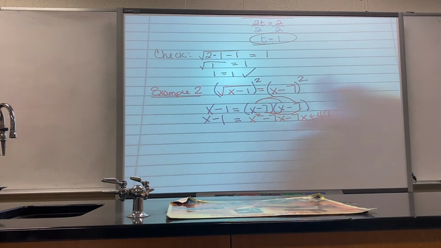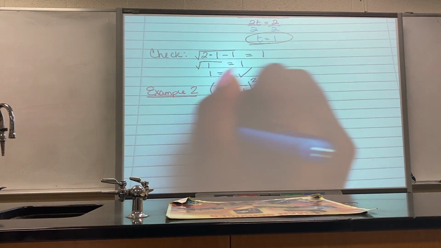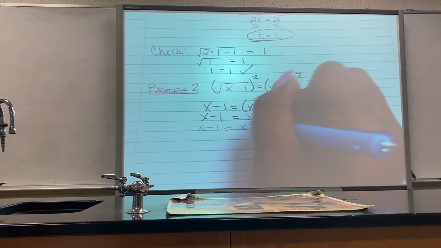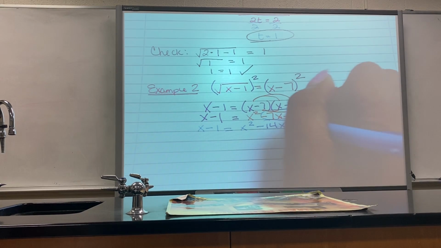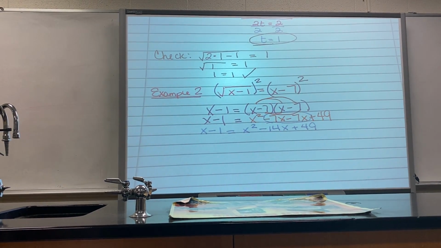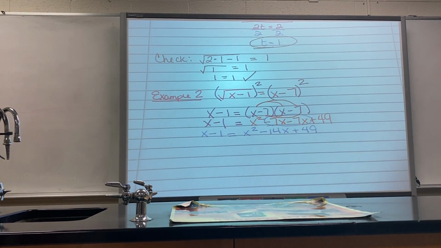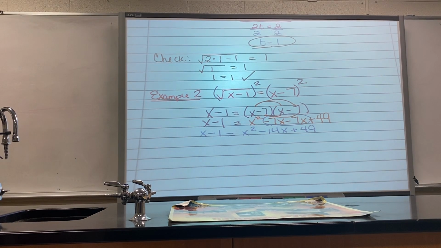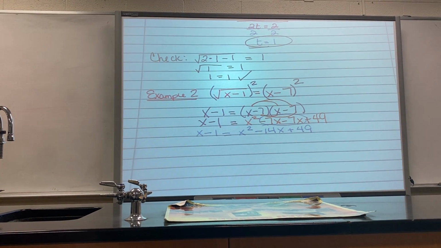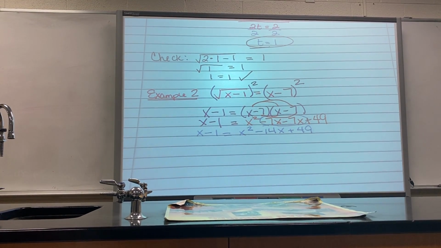Alright, so I'm going to go ahead and clean it up by combining these like terms together and get x minus 1 is equal to x squared minus 14x plus 49. Now, in order to solve this, I need to get one side of this equation equal to 0.